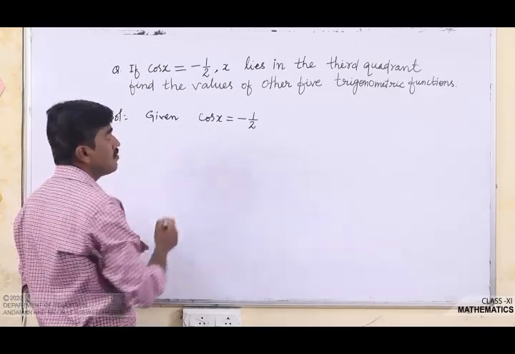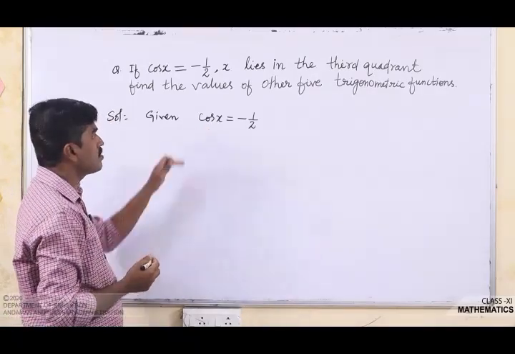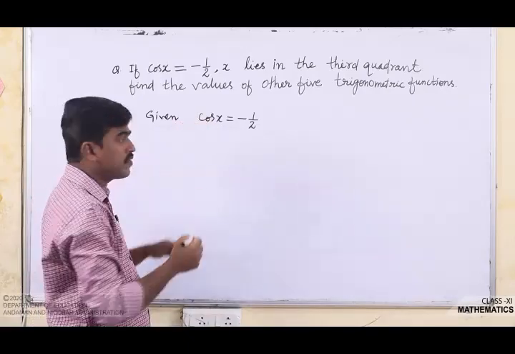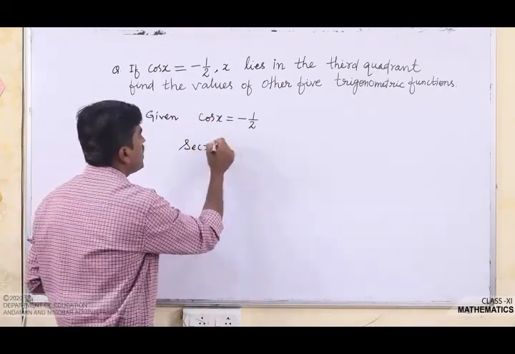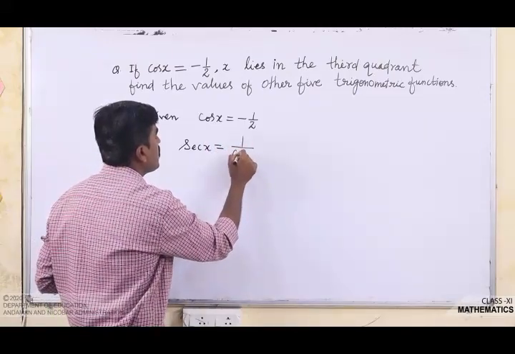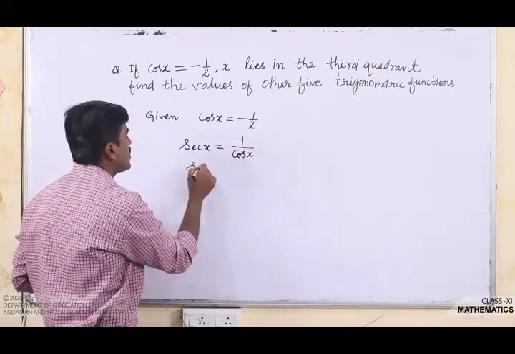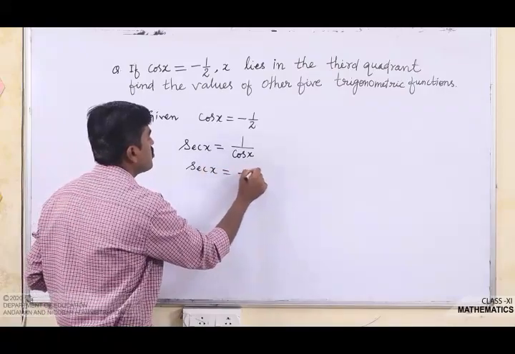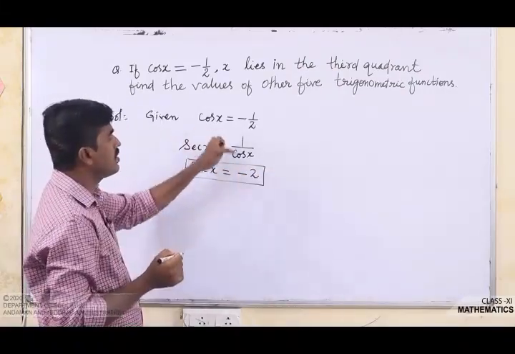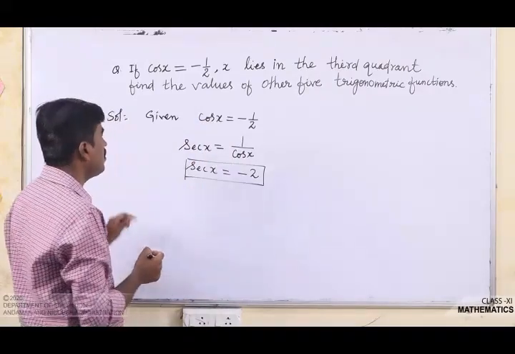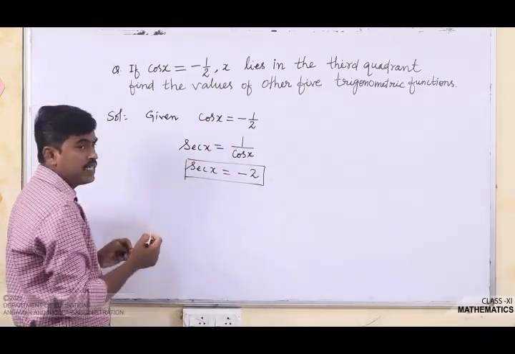Now we can find the value of sec x very easily because sec x is the reciprocal of cos x. We know sec x is equal to 1 by cos x, so sec x is equal to minus 2, the reciprocal of minus 1 by 2.